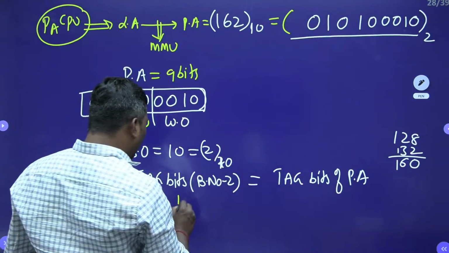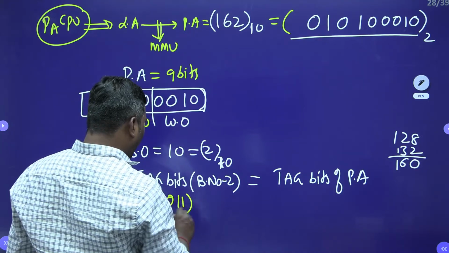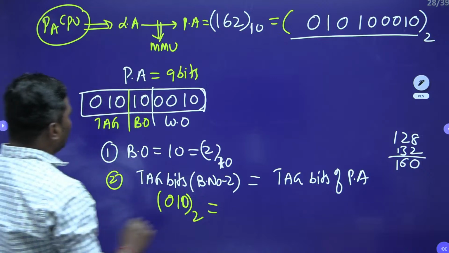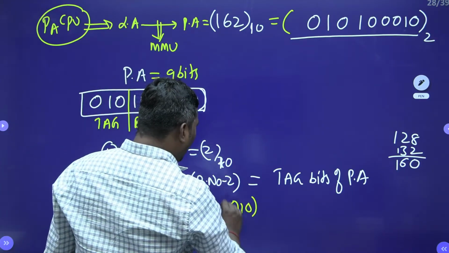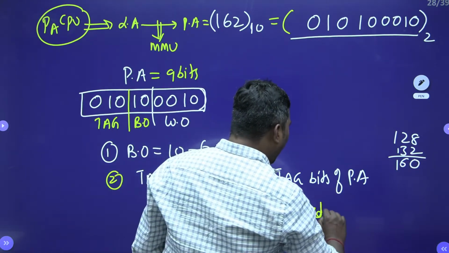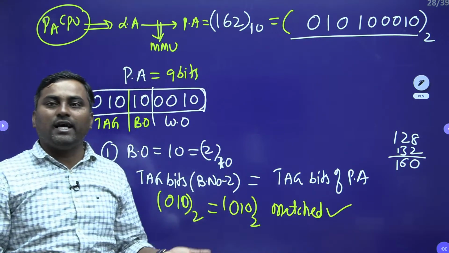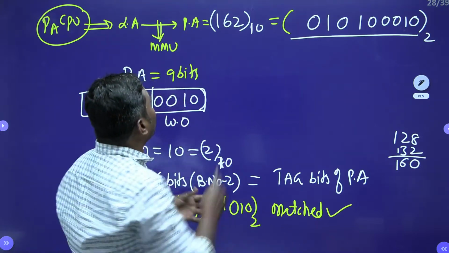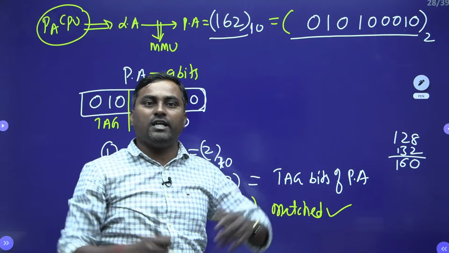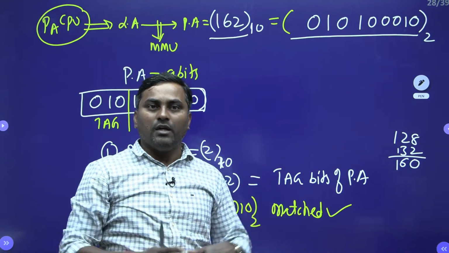Are both the same? Yes, matched. Then you can declare that word number 162's block is present in the cache memory. Yes, it is in cache memory.